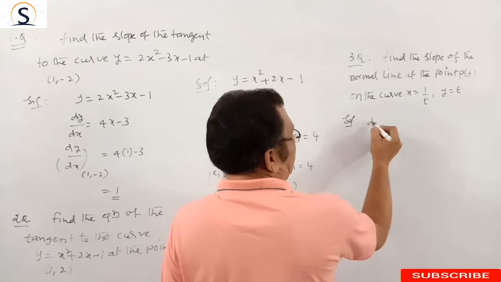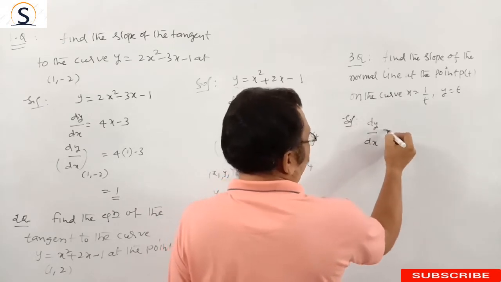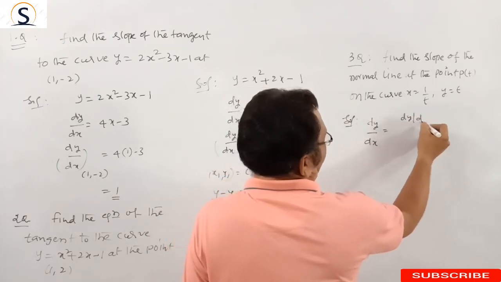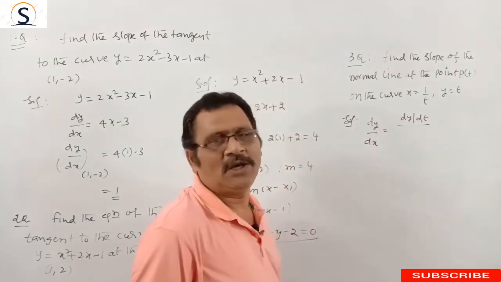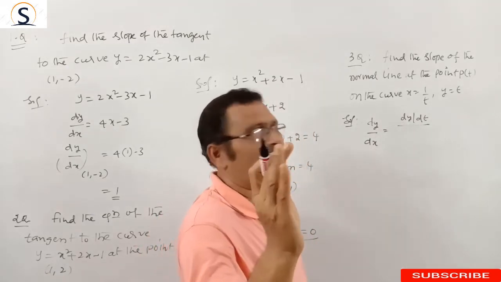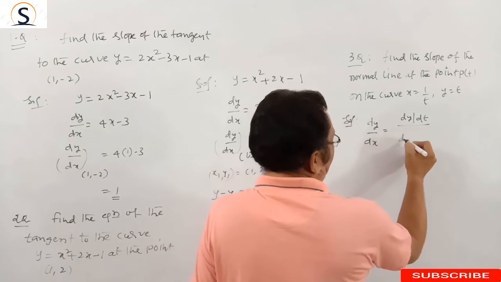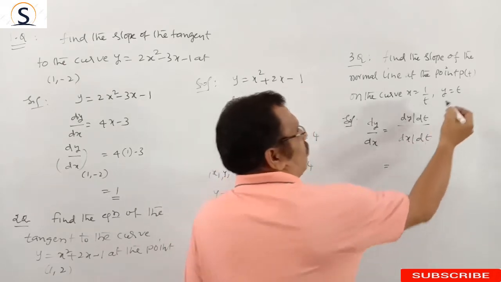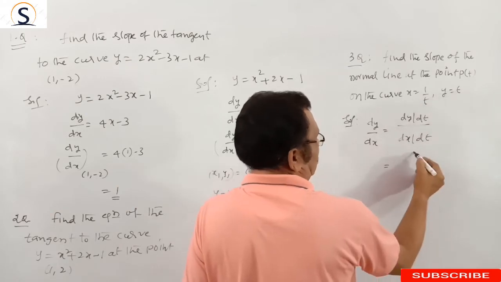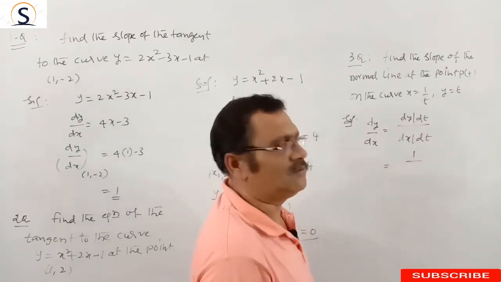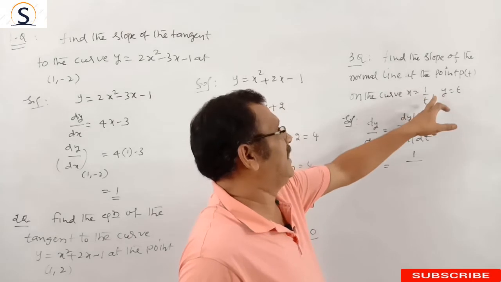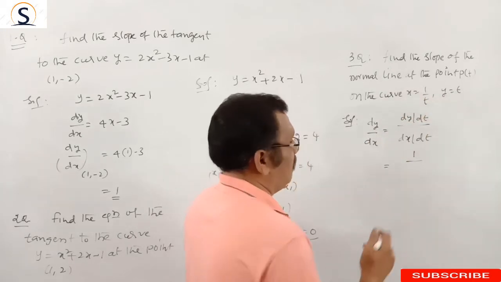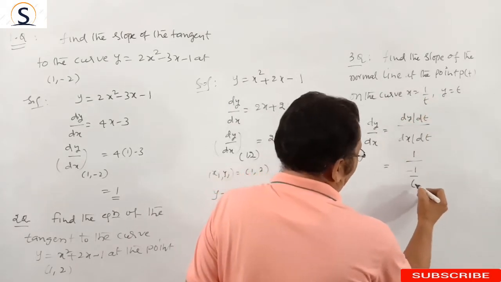As we know, dy by dx is equal to dy by dt divided by dx by dt, because y is a function of t, so you differentiate y with respect to t only. Now the derivative of y with respect to t is 1, and the derivative of 1 by t with respect to t is minus 1 by t square.